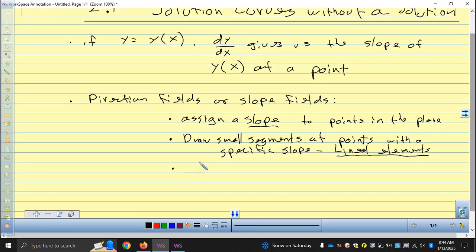So we plot those elements for a number of points to generate a slope field or direction field.